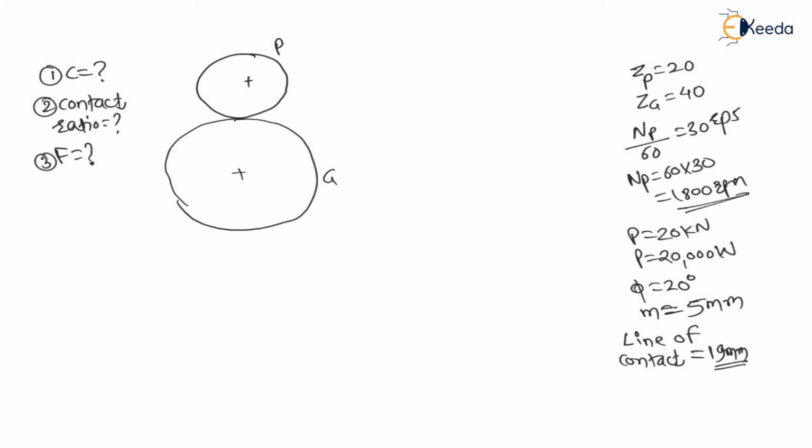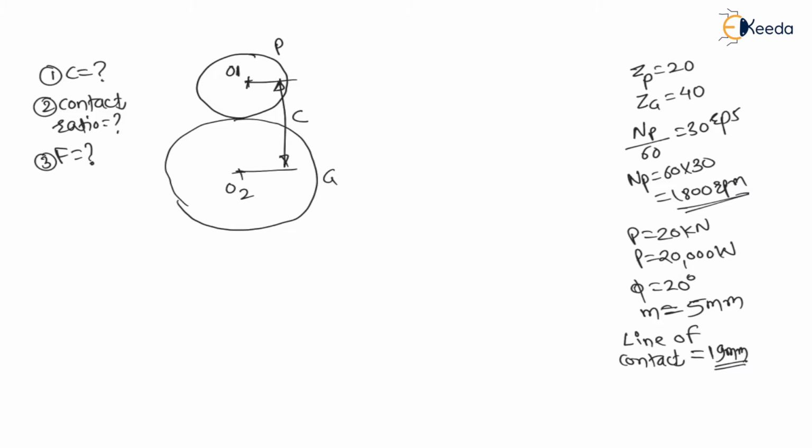Therefore the distance between their two centers is called center distance. This distance between the center of pinion and the center of gear is called center distance. Let us say O1 is the center of pinion and O2 is the center of gear.